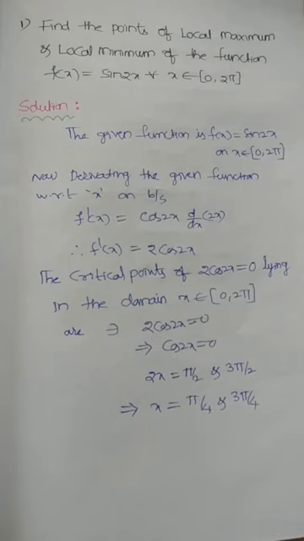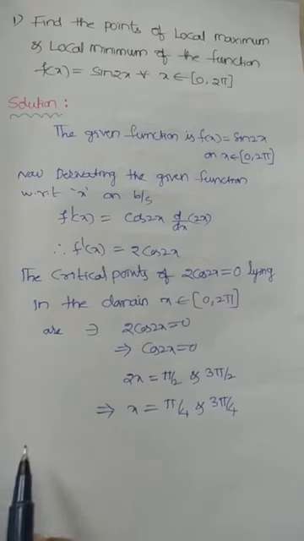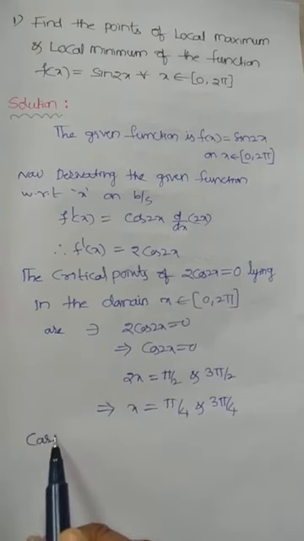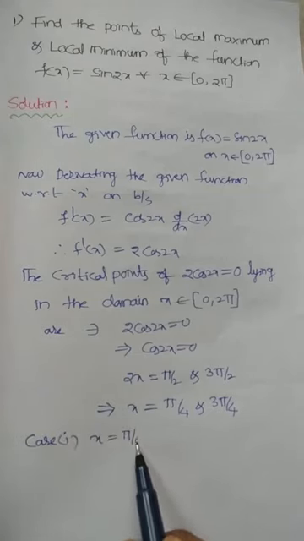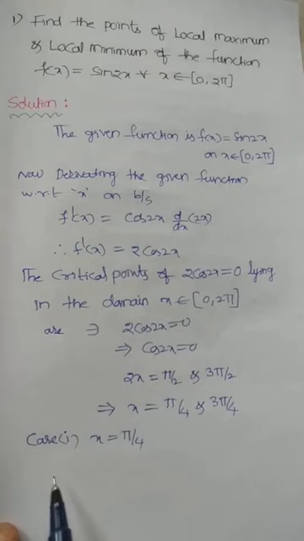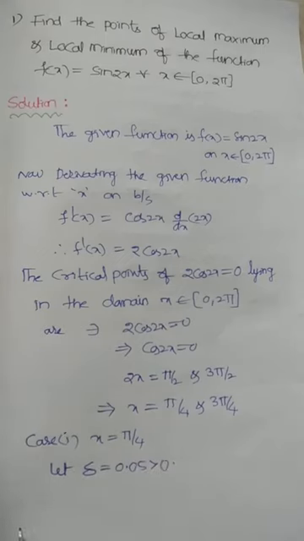On that we have to choose the neighborhood of those points. In case 1 we check x is equal to pi by 4. So we have to select a delta greater than 0. Let delta be 0.05, which is greater than 0.